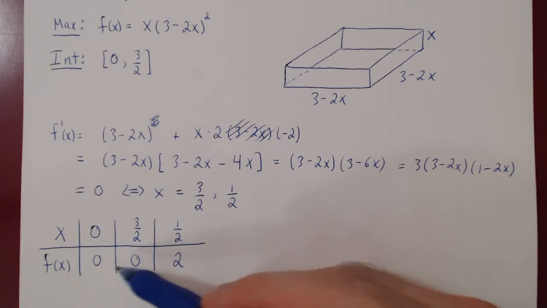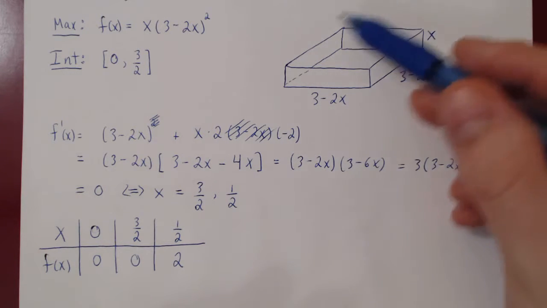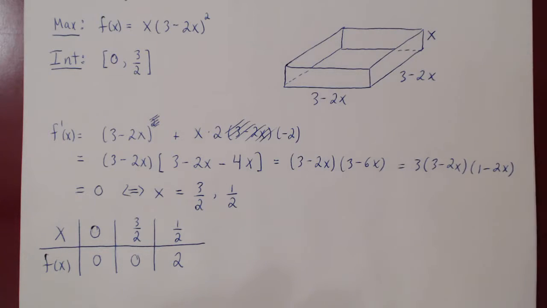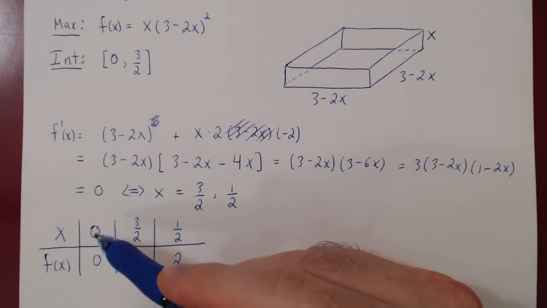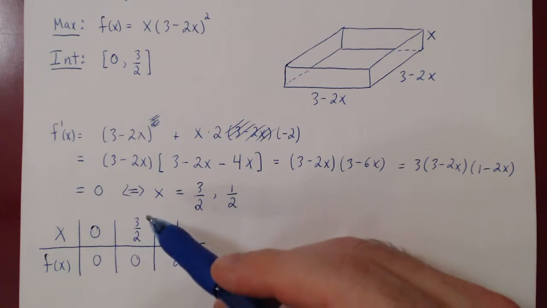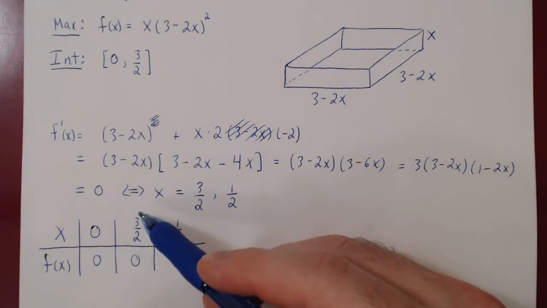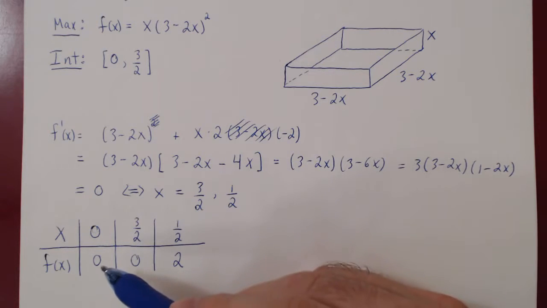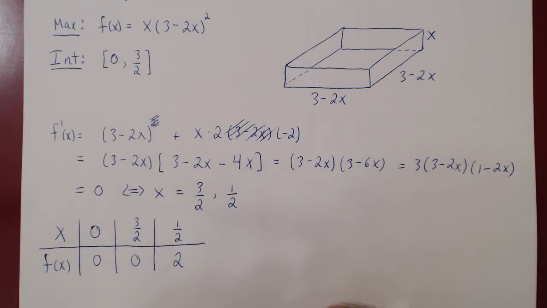Clearly, the minimum value is 0, and this is again obvious because we're looking here at the volume of our box. The smallest volume we can have is 0, and it's attained when we cut off nothing from the corner or a square whose side is 3 over 2. In each case, we get no box, so a volume of 0.